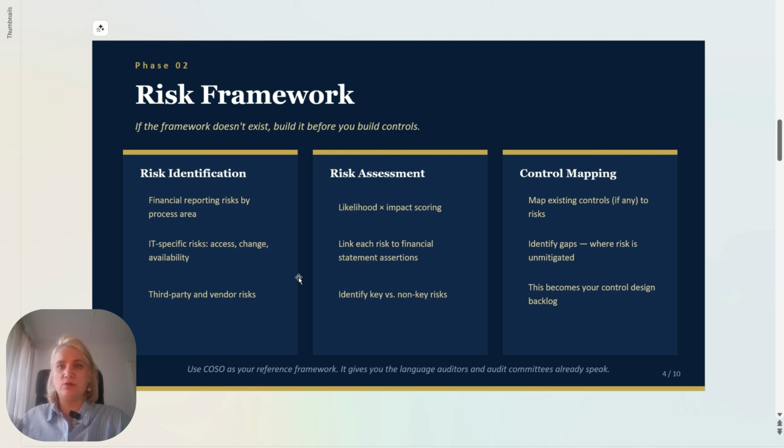So let's assume that your risk is inventory valuation. We need to make sure that the controls you're designing cover the risk of valuation, not only physical occurrence, not only presence, but also the valuation. That means that the transactions, the write-offs, the reserves also need to be there.